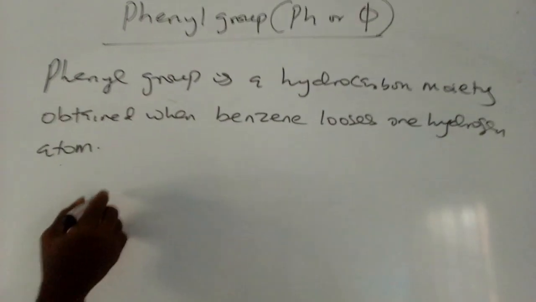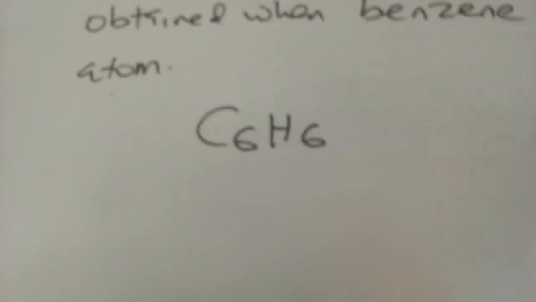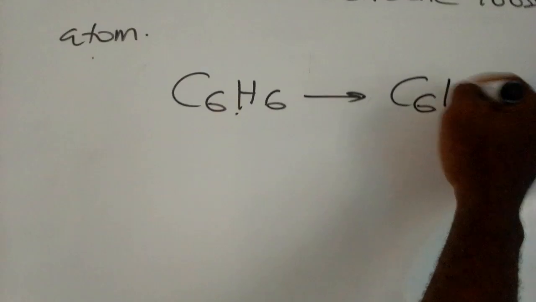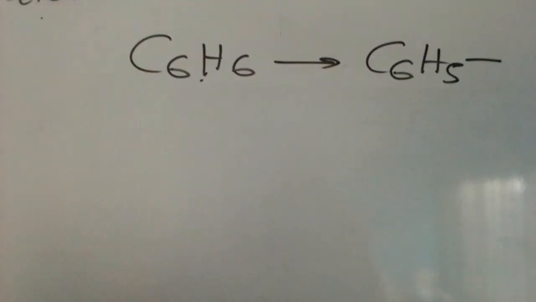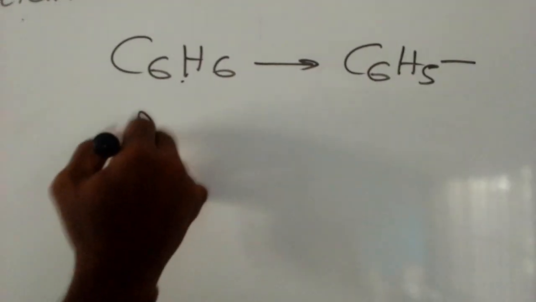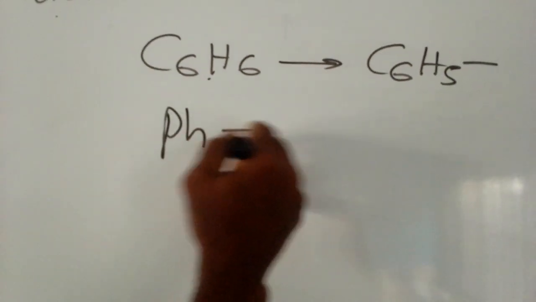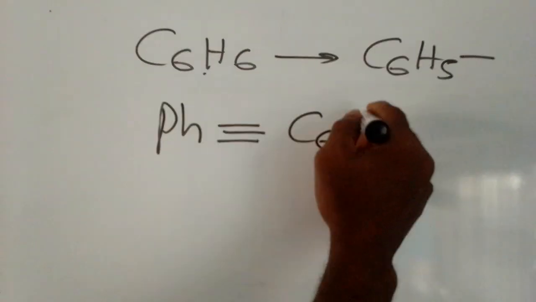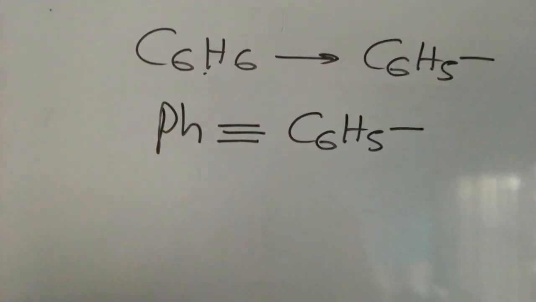So benzene is represented using the molecular formula C6H6. So remove one hydrogen atom from it, you have C6H5. So the phenyl group is nothing but C6H5. That is the phenyl group.